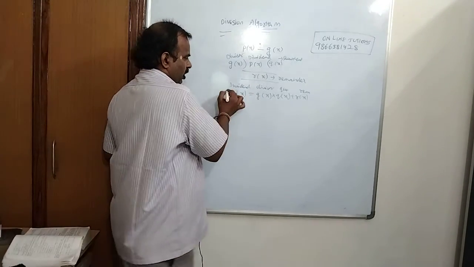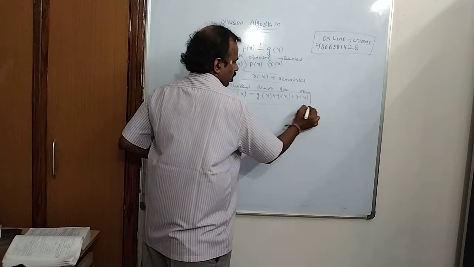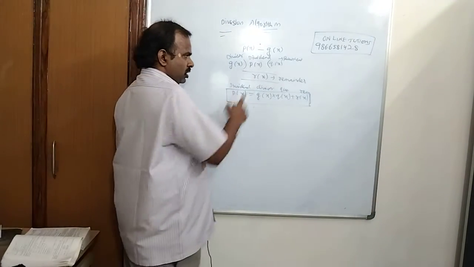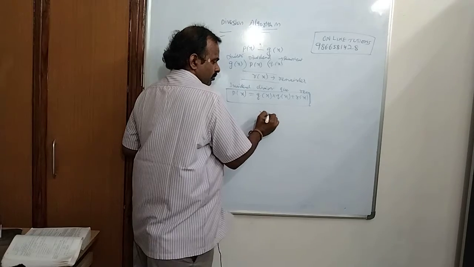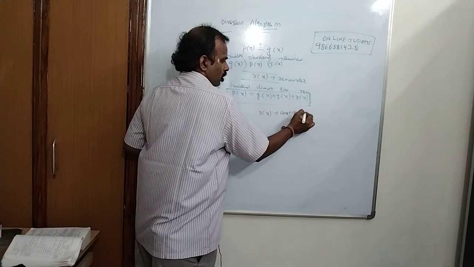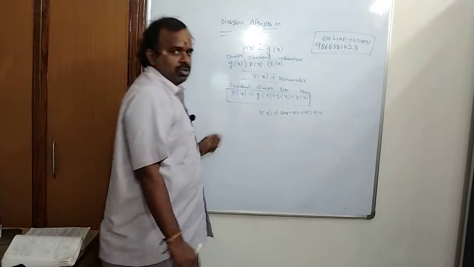This is the general formula in case of division of polynomials. All of them will be polynomials. Sometimes r of x will be a constant or 0 or a polynomial in terms of x.